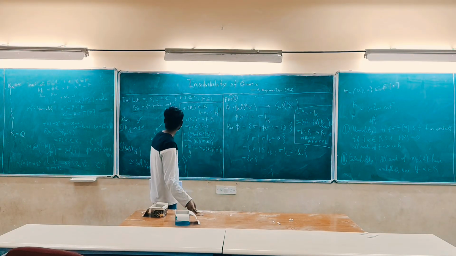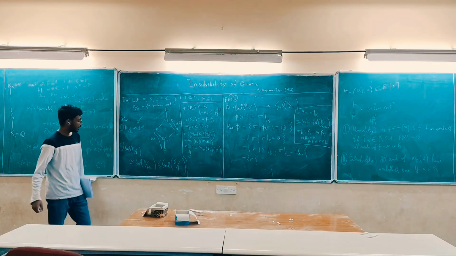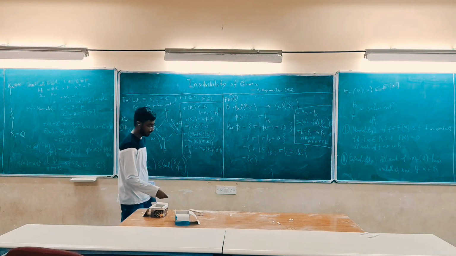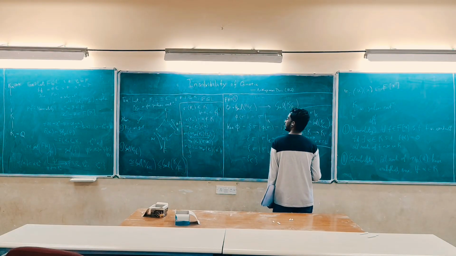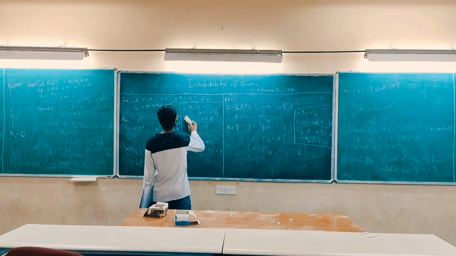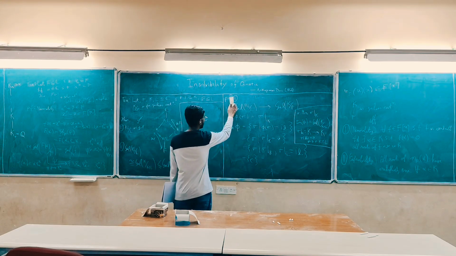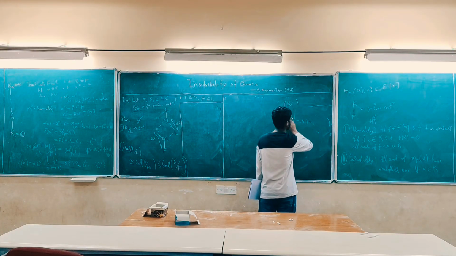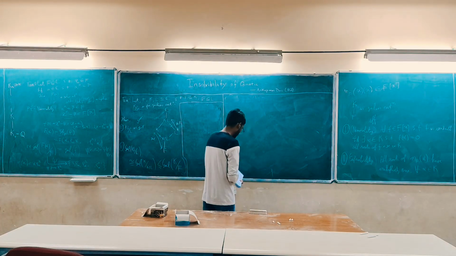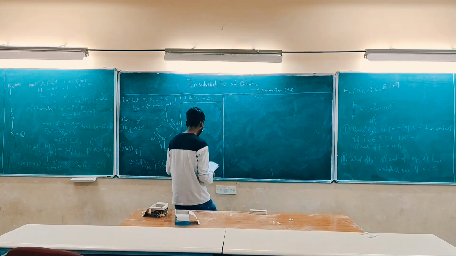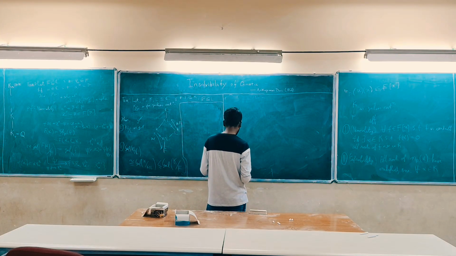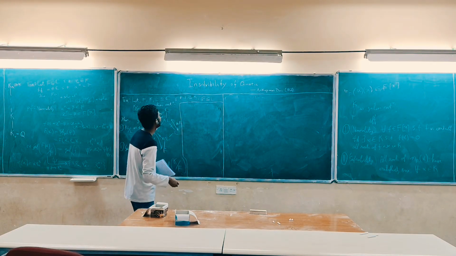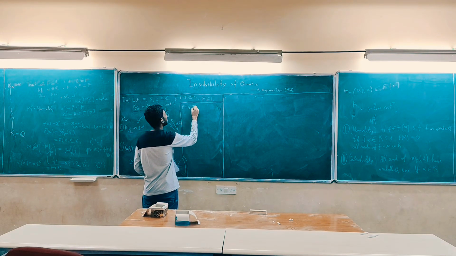Now, by the isomorphism theorem, we can say that Galois of K over L is isomorphic to Galois of K over K intersection L, and that is a subgroup of Galois K over L. So now I will be needing the fundamental theorem of Galois theory again.